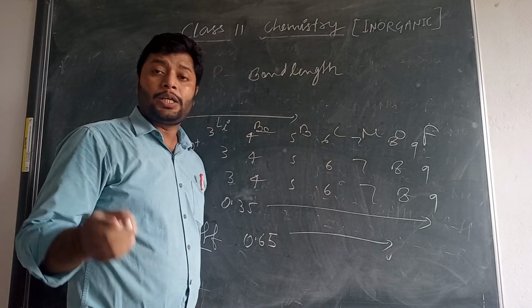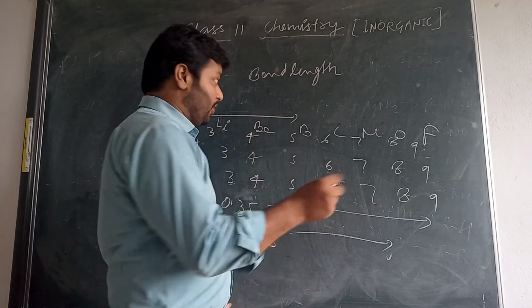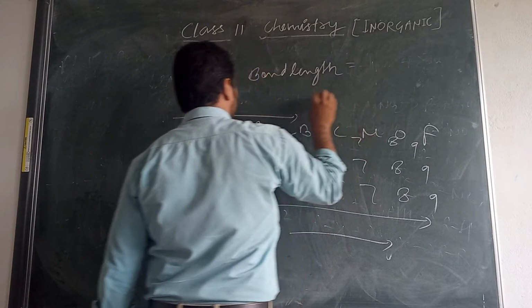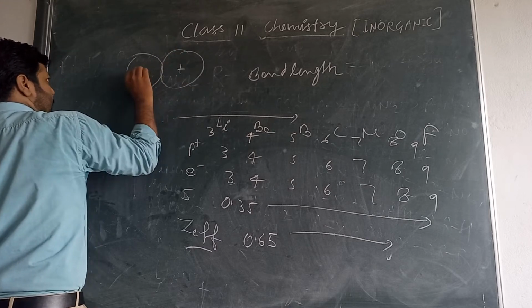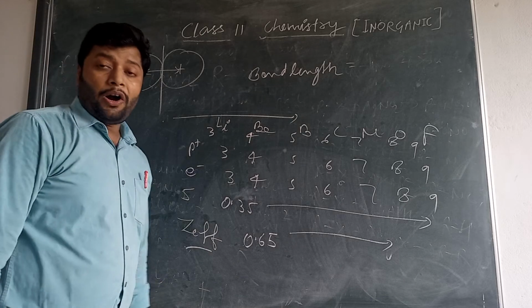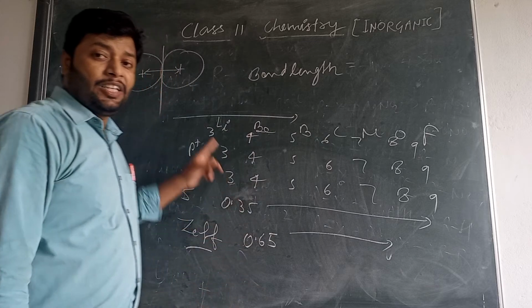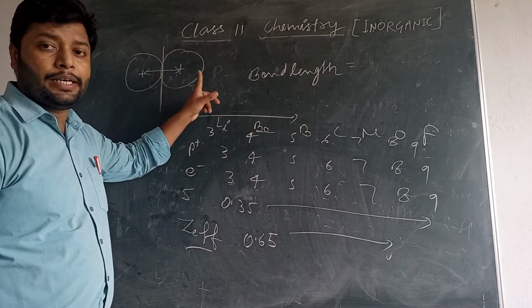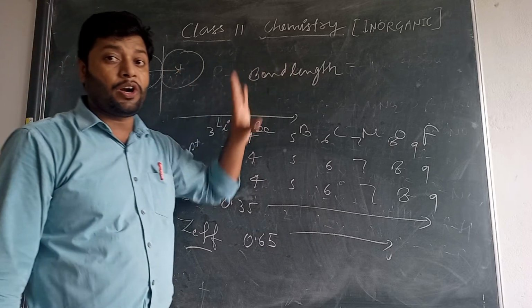Bond length in a covalent molecule is always the distance between two nuclei, which depends upon the radius of the first atom and the radius of the second atom. The sum of both radii is called the bond length.